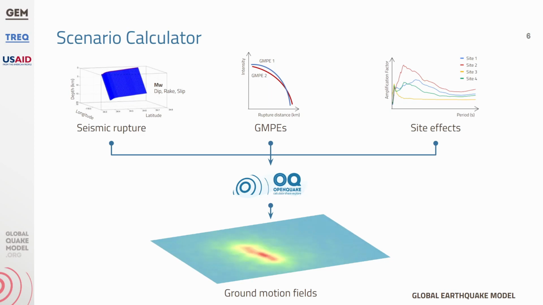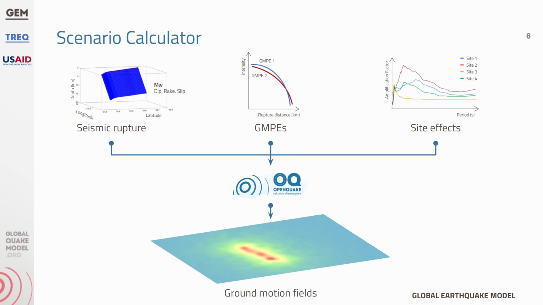So, the earthquake scenario calculator. When modeling an earthquake scenario, we have a deterministic event for which we can define the magnitude, the location, and the characteristics of the earthquake rupture. On the hazard component, we can estimate the ground motion fields by specifying one or more ground motion models, or ground motion prediction equations, and the local site effects.